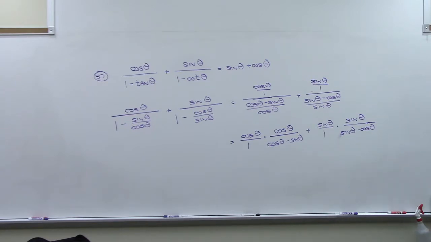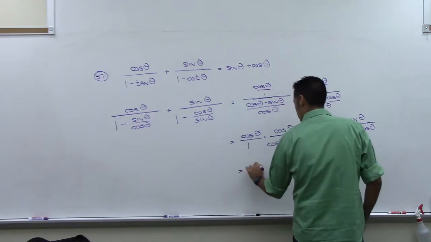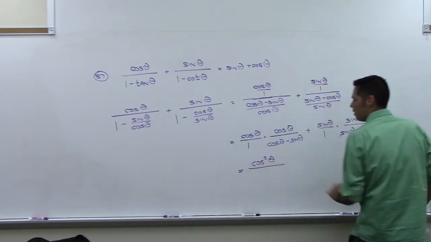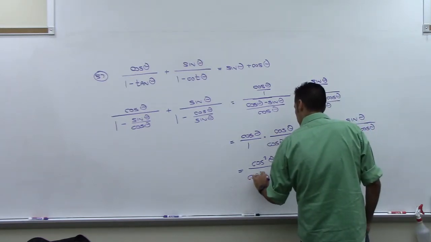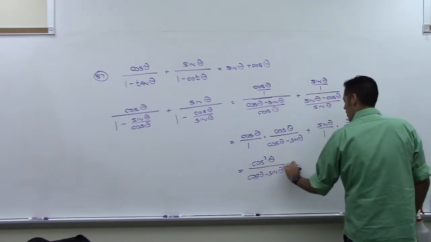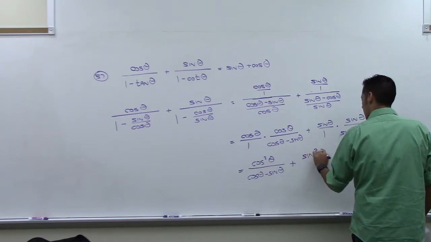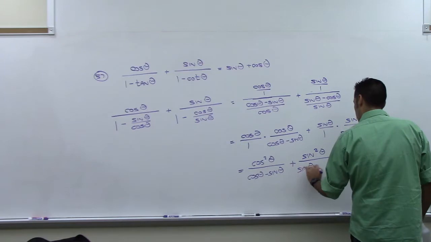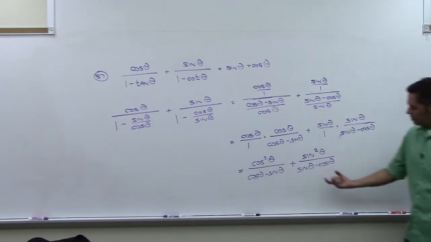Okay, I think I see what might happen here. This is going to be cosine squared theta over cosine theta minus sine theta. Then plus, here I've got sine squared theta on top over sine theta minus cosine theta. Man, these are almost the same denominators.